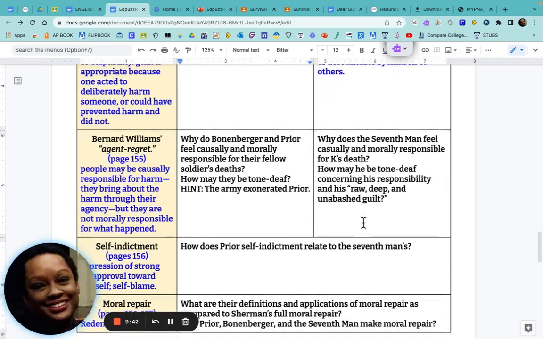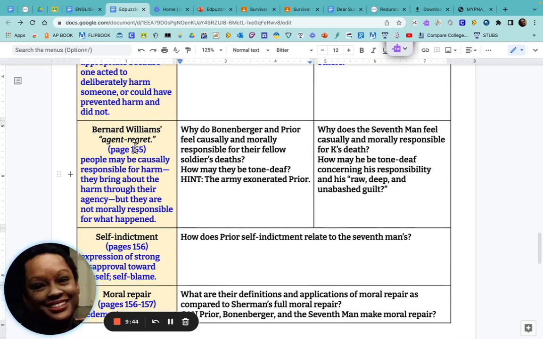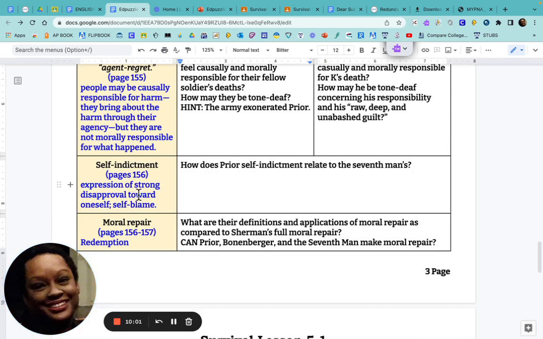Okay, and then of course there is agent regret, which is located on page 155. And of course, I asked myself questions that were here that, hint, maybe you want to look at and see the questions that you might have to answer to yourself, and look at self-indictment and relate.